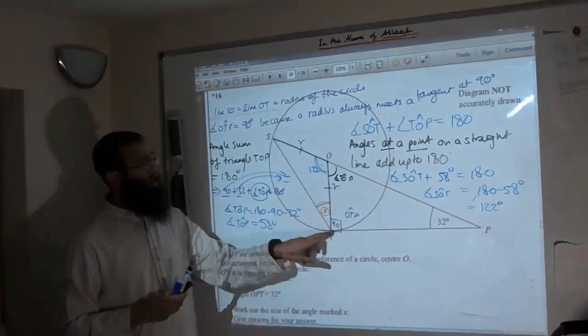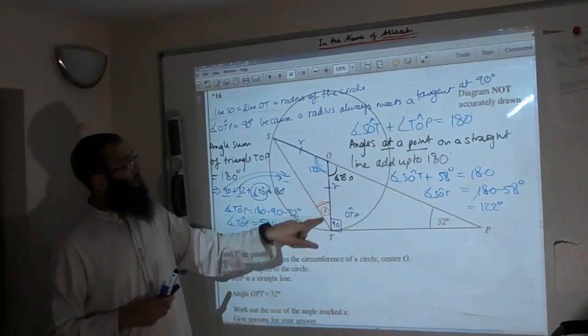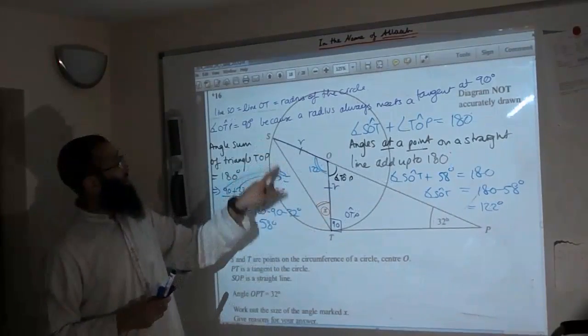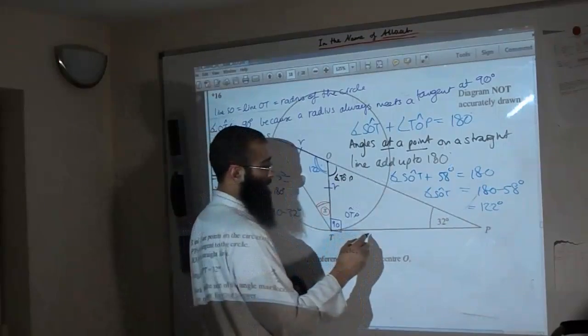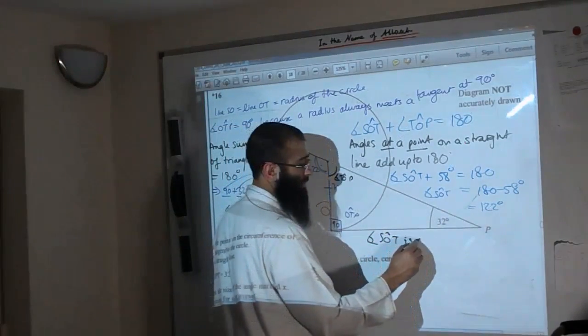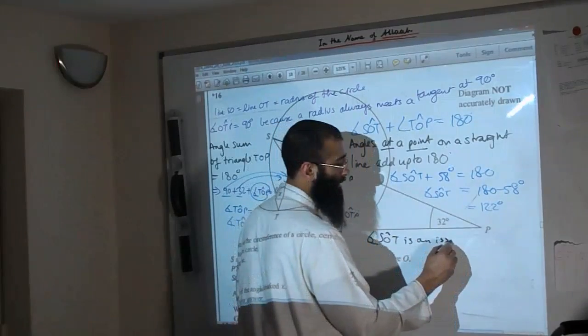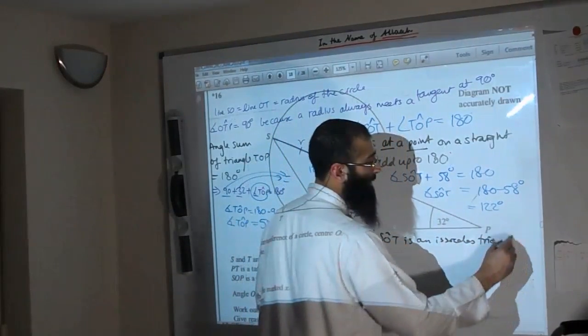122. So we know this, we worked out that, from this we worked out this, and now we can work out x. What kind of triangle is triangle SOT? So triangle SOT is an isosceles triangle.